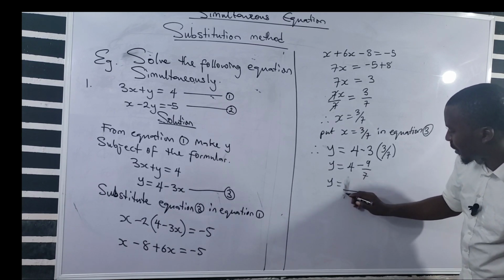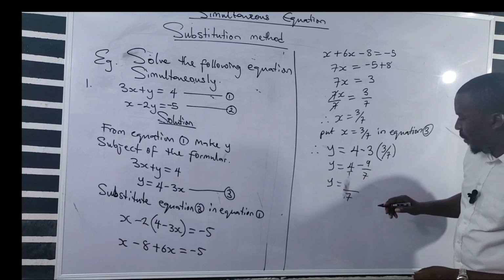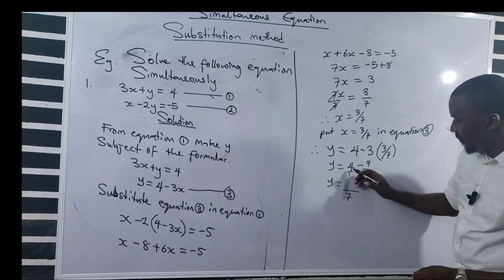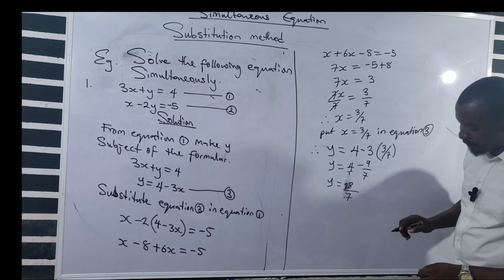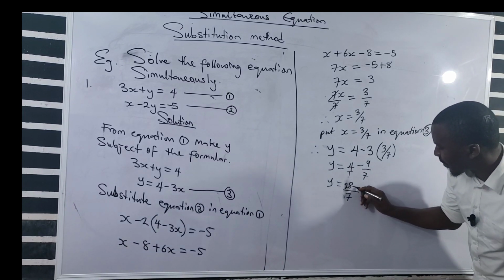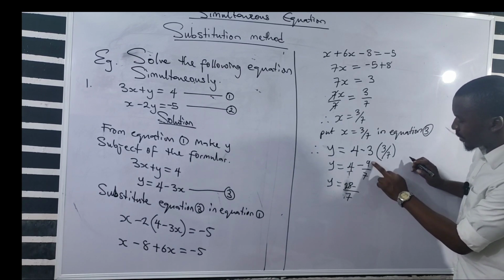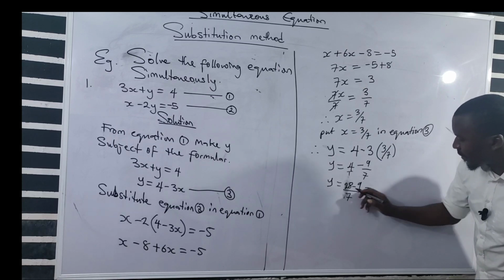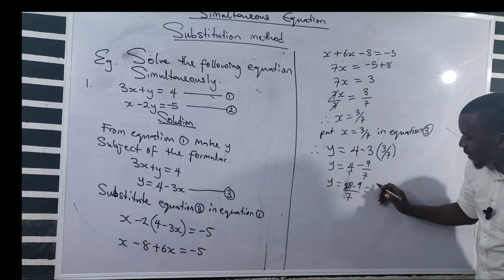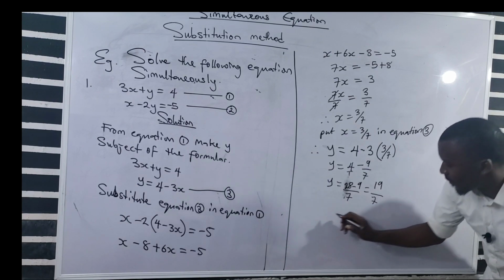LCM of this will give us 7. 7 divided by 1 here, that will give us 7. 7 times 4, that will give us 28. Okay, so minus 7 divided by 7, that will give you 1. 1 times 9, that will give you 9. So you will have it as 28 minus 9, that will give you 19 over 7.